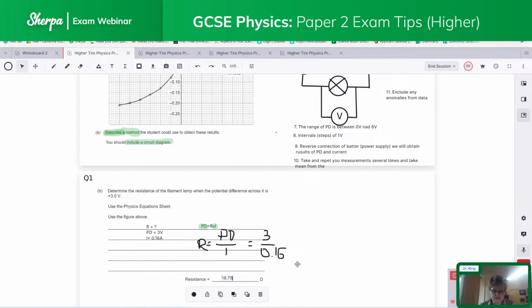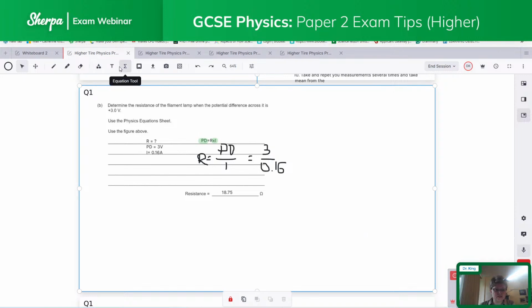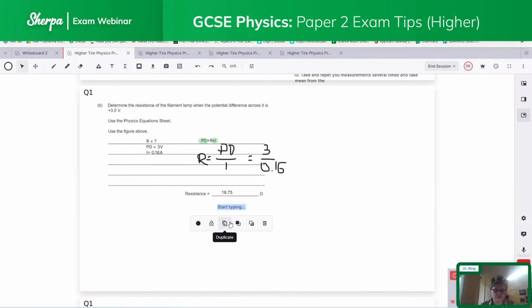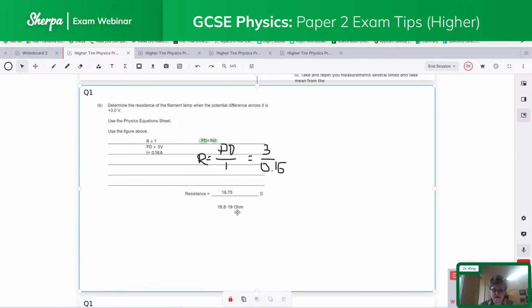In such case, there is room for your decision what answer you would like to give, but you can either go to 18.8 or 19 ohms and it will be correct. Okay, so either you will write down to 2 places after the decimal or 1 or to 2 significant figures, that all will be good.